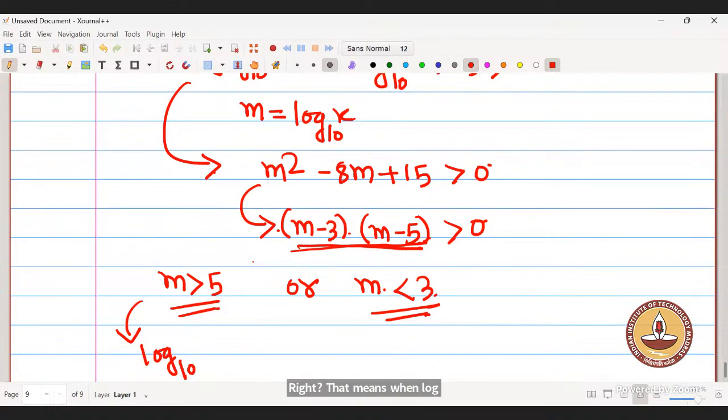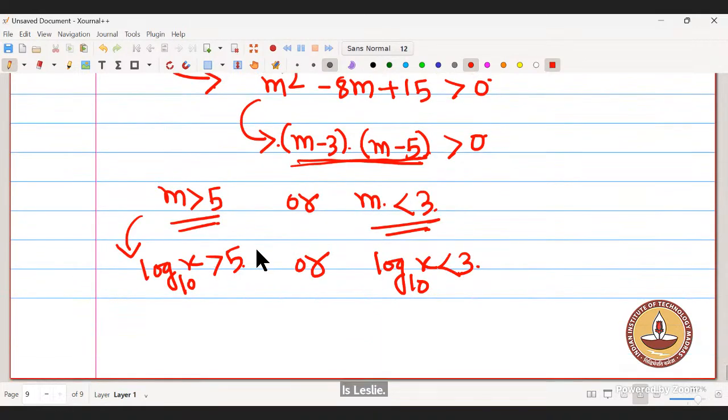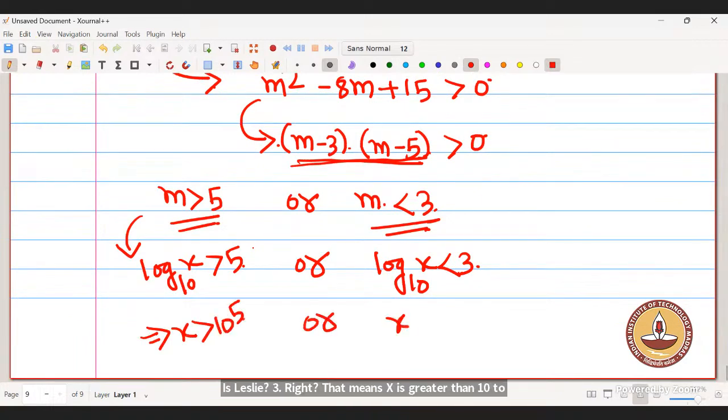That means, what is m? m is log x base 10, right? If this is greater than 5 or is less than 3, right? That means x is greater than 10 to the power 5 or x is less than 10 to the power 3.